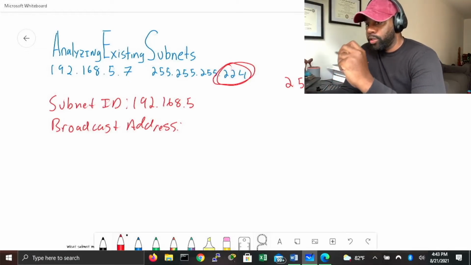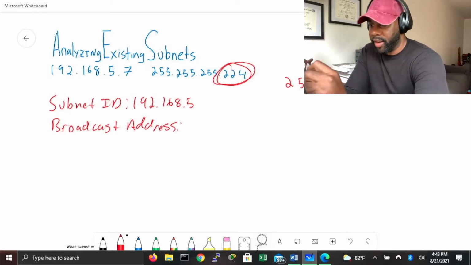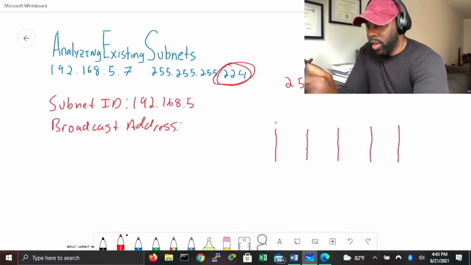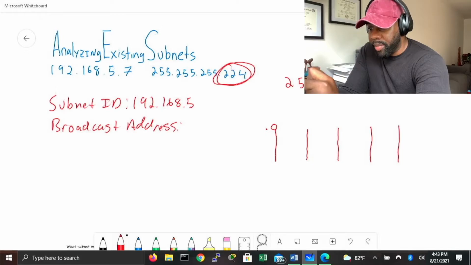So now we know that the structure of this network looks kind of like this, and this is where we're going to get our little drawing in. The first subnet is going to be .0, the next subnet is going to be .32, and the next subnet is going to be .64.